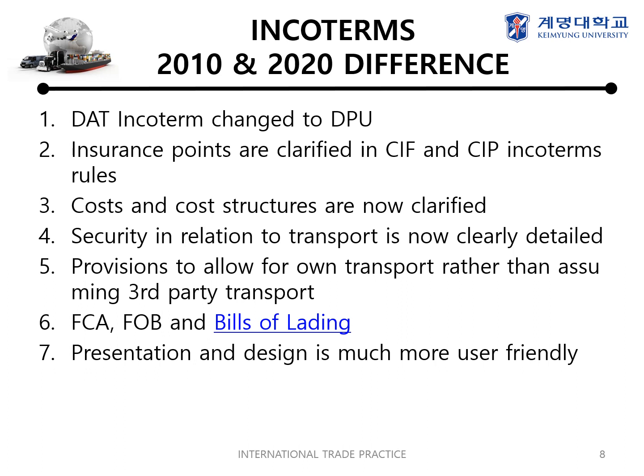Security related to transport has been given detailed information, and there are provisions allowing the use of one's own transport rather than assuming third party transport. There are also some specific distinctions of the tasks in FCA, FOB, and the bills of lading.